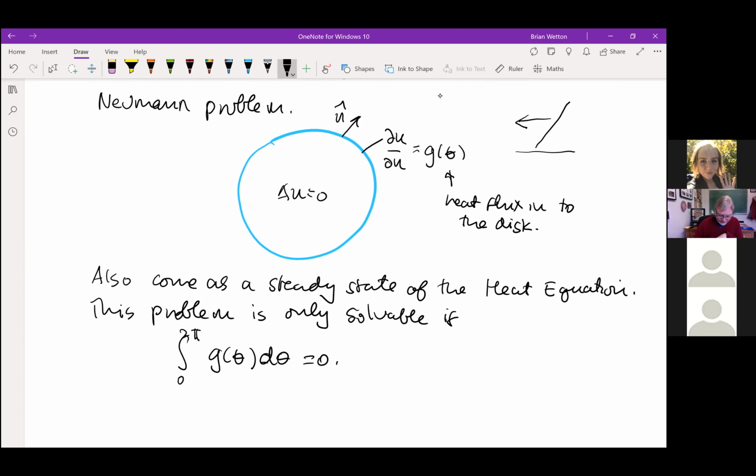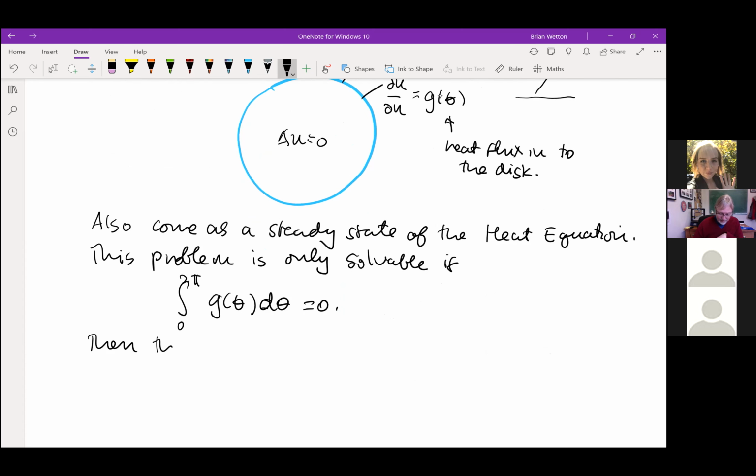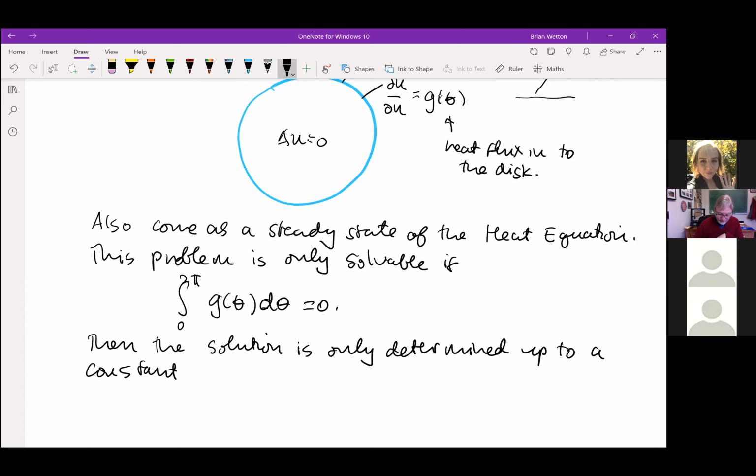Okay, and then the solution is only determined up to a constant. Right?